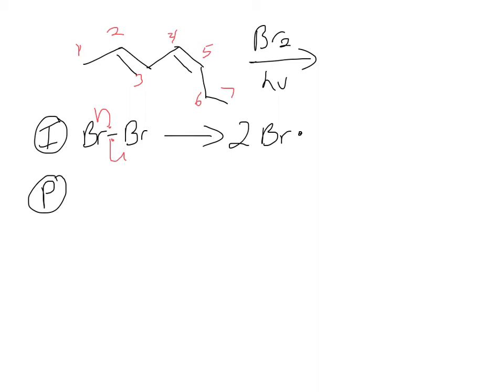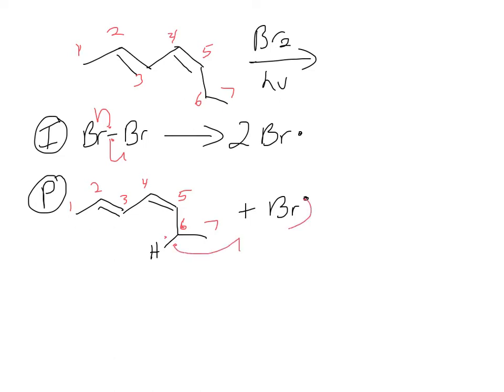All right, so let's draw that out. We'll draw the mechanism out here. So we're going to say this is going to find a Br dot. The CH bond is going to break.